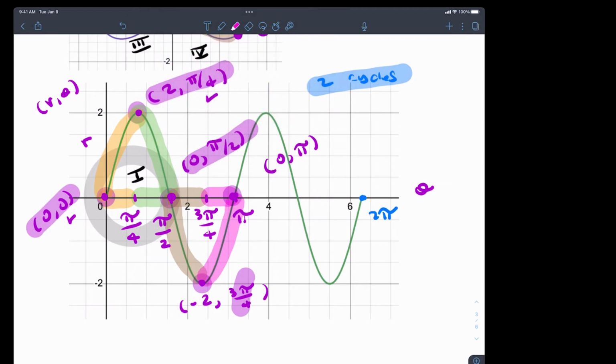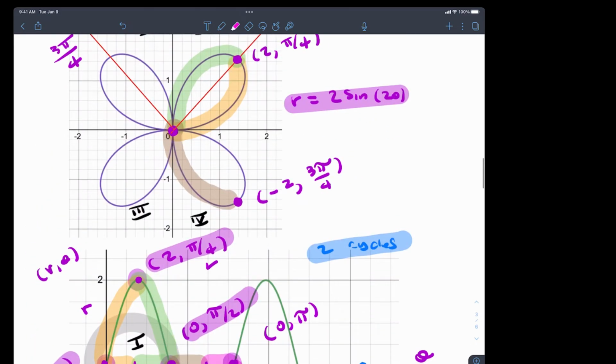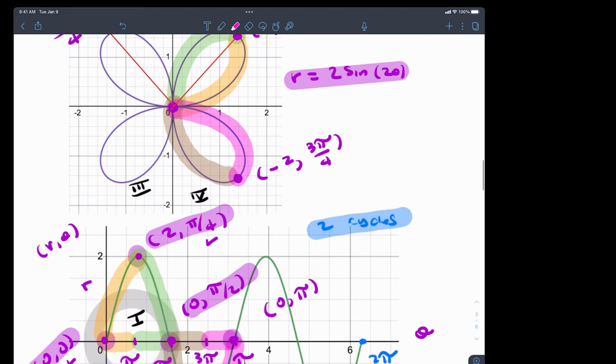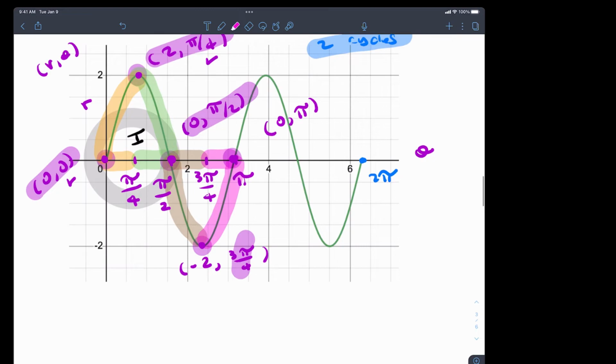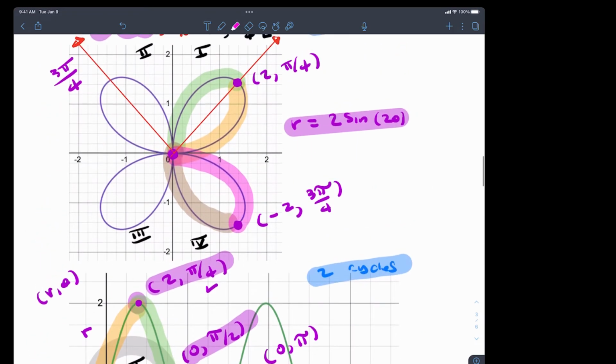So you're going to go from that 3 pi over 4 with a negative radius to the angle pi, which is 180, and you're back at the pole now. How does that look? You're going back to 0 there. And as you can see, just doing 0 to pi, we might have some symmetry here.